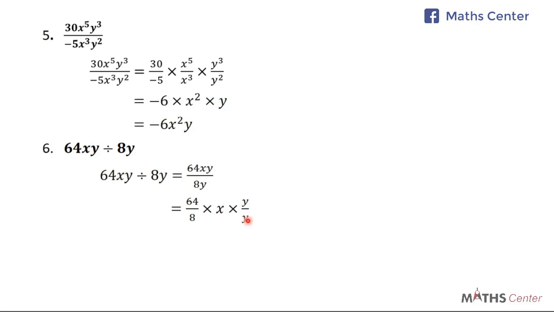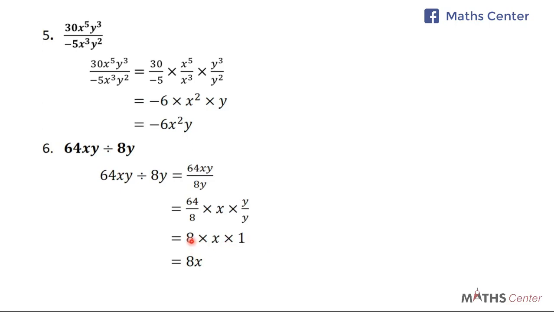Now let's proceed. We know that 64 divided by 8 will give us 8. We already have times x here. We know that y divided by y will give us 1. So we are going to have 8 times x times 1. Now 8 times x times 1 will give us 8x, because 8 times 1 is 8.